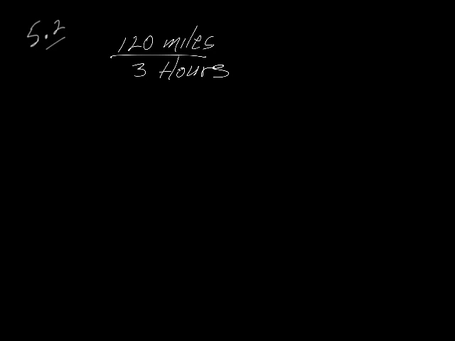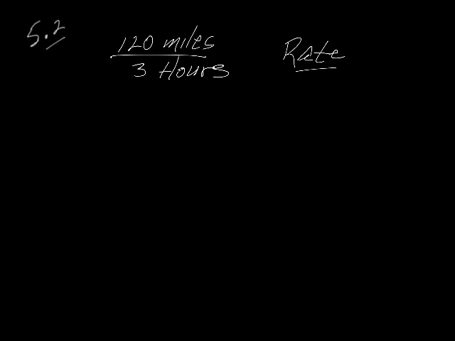You can't convert miles to hours or hours to miles because one's a distance and one's a time, so they can't be changed around. But when they have different units, the ratio 120 to 3 is called a rate. And that's what we're going to be looking at here, rates.